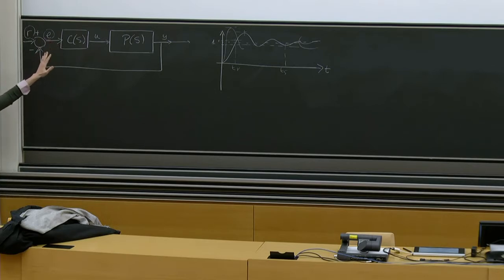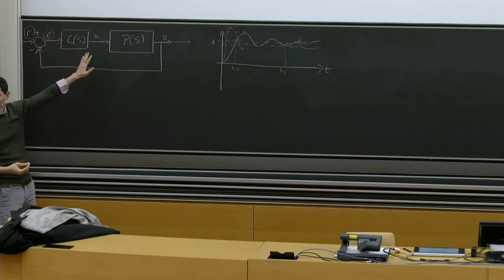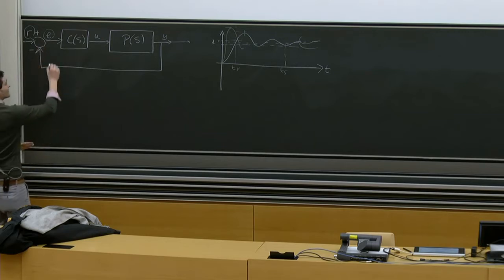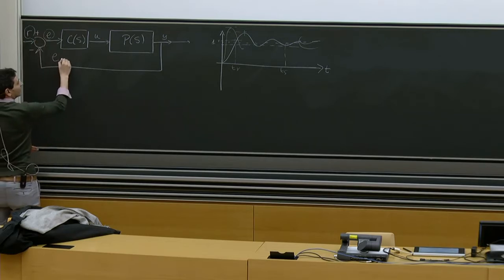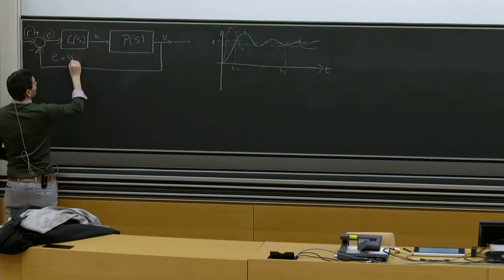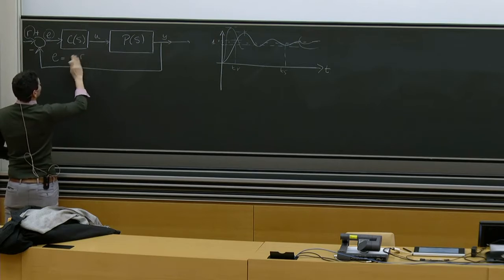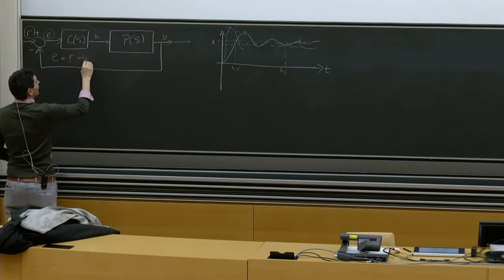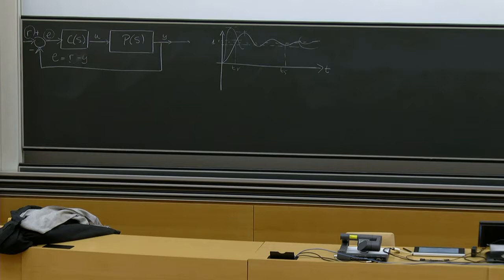Remember that E, the tracking error, which is the input to our controller, is defined as the difference between r and y, right? So if the tracking error is 0, it means our y is equal to r and things are good. We have perfect tracking, right?